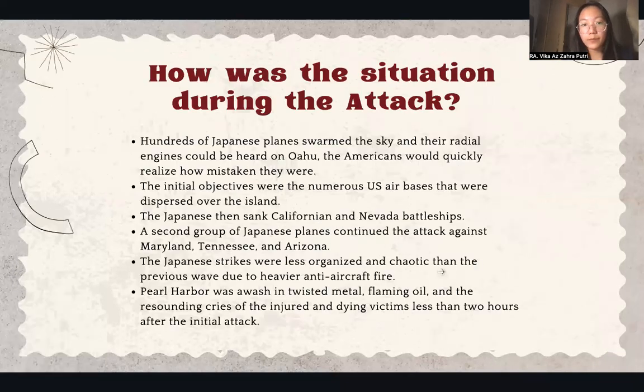And next, how was the situation during the attack? So, Pearl Harbor was assumed to be too strongly defended to be considered a target, because nobody believed that the Japanese would assault it by air, even if it may have been a naval attack followed by a complete invasion force or possibly sabotage.